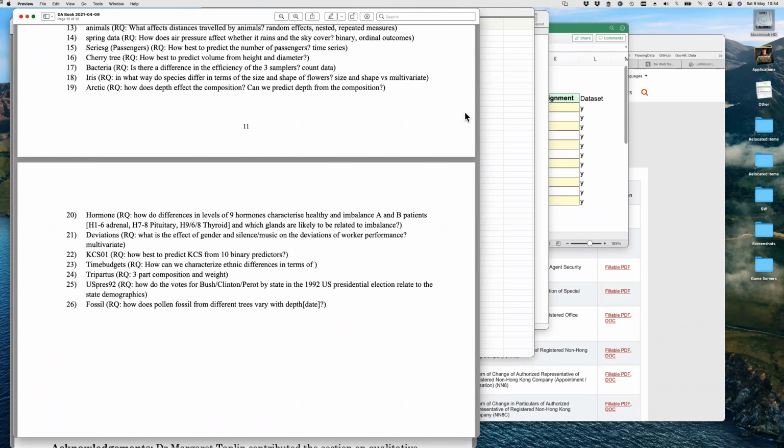So notice if we created a new column called sum, and our formula is SA plus Si plus Cl, then you will see that our sum variable at least approximately adds up to 100.